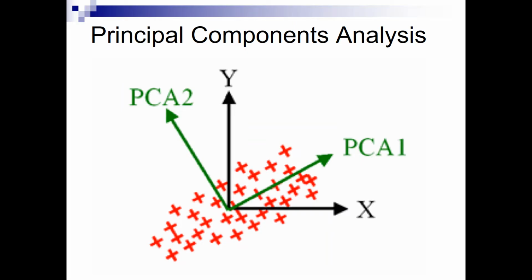So here, as I said before, PCA1 is positioned along the cloud of instances where it indicates the dimension along which most of the spread of that cloud of data points is. And so you could say PCA1 represents most of the variance in the positioning of the original instances. And PCA2, which is perpendicular to that, is representing the rest.